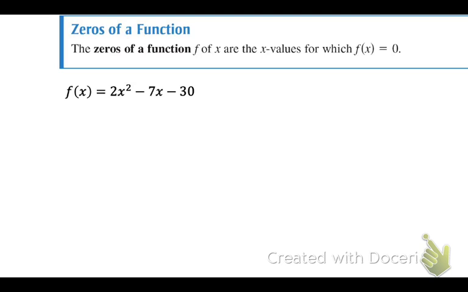X-axis. A zero of a function f of x are the x values for which f of x equals 0. Well, with an x-intercept, what is the y every time? 0. That's why f of x equals 0. So zeros, what was another name I gave it? Solutions and x-intercepts.